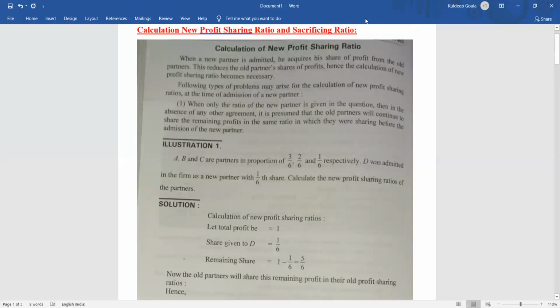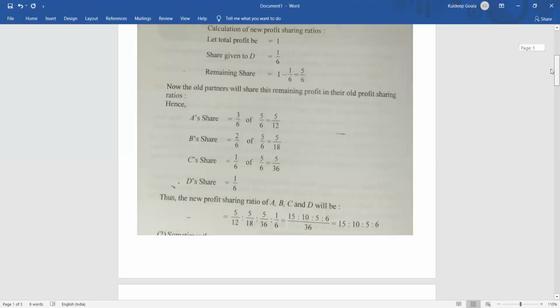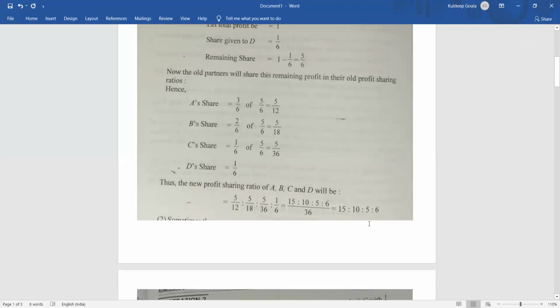Yeah, the old ratio was 3 is to 2 is to 1. It is 3 by 6, 2 by 6, 1 by 6. And the new ratio we have just now found out. So the new ratio is 15 is to 10 is to 5 is to 6, right? Okay, so let's find out the sacrificing ratio.